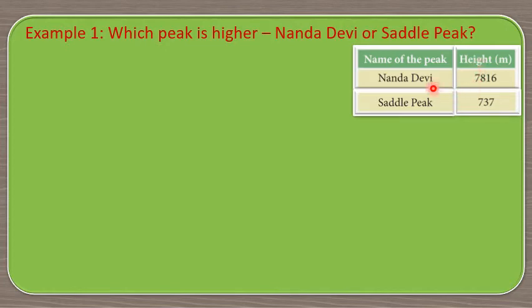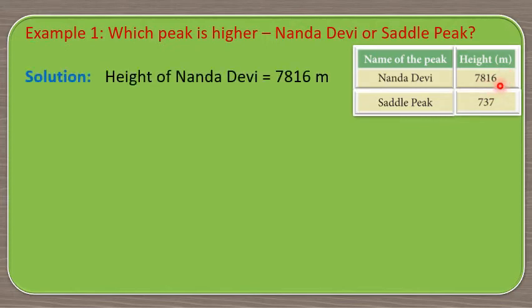The height of Nanda Devi is 7,816 meters. Let us write down that referring the given table. Height of Nanda Devi is equal to 7,816 meters. Height of Saddle Peak is equal to 737 meters.